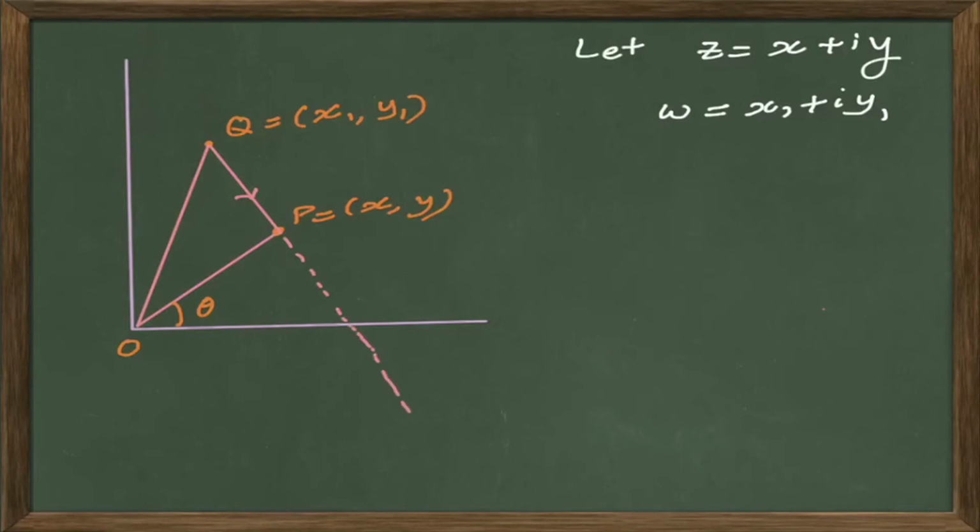So, in this case, the argument of z minus w is equal to alpha, where alpha is this angle. Let us see how to solve this problem geometrically.